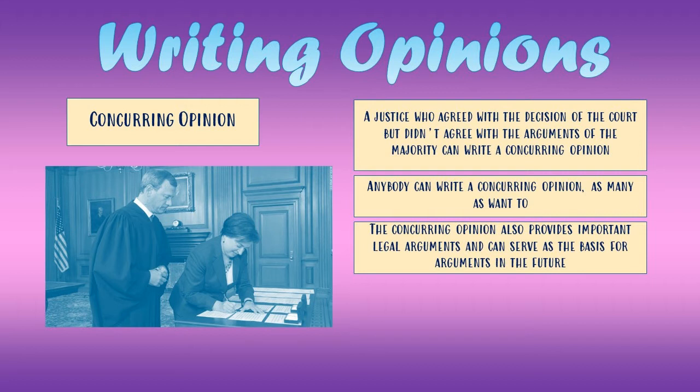So they want to offer different reasons for why they decided this way. They are agreeing, but giving you a different reason why they agree. The concurring opinion, like the dissenting opinion, doesn't mean a ton for that particular case, but it provides important legal arguments for court cases in the future.